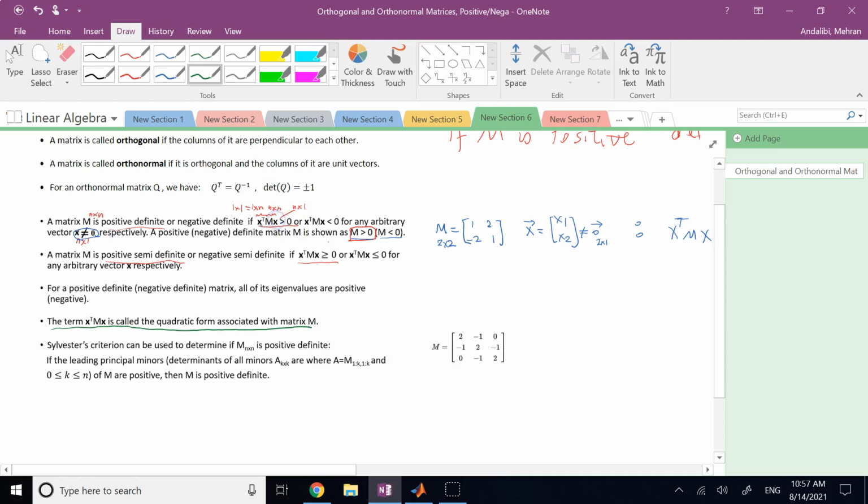If x is 0, of course the result is going to be 0, so positive definite is definitely positive semi-definite. But backwards is not always true, which means there are cases where this quadratic term is equal to 0, but not only when x is 0.